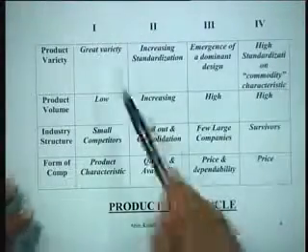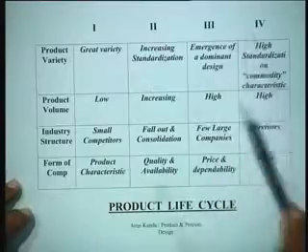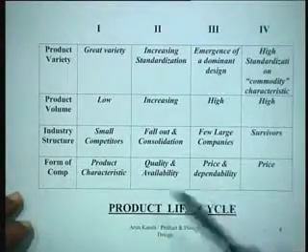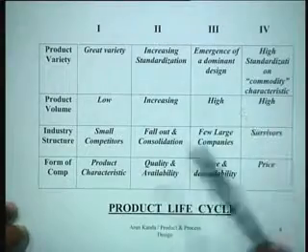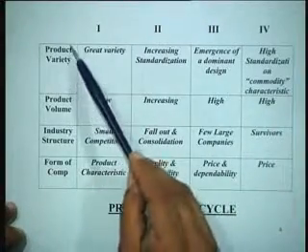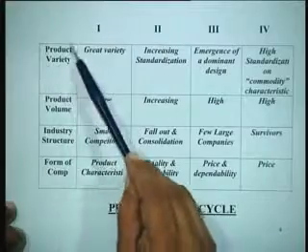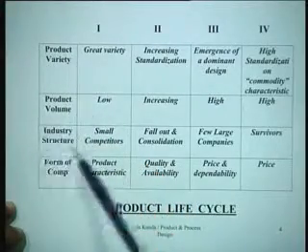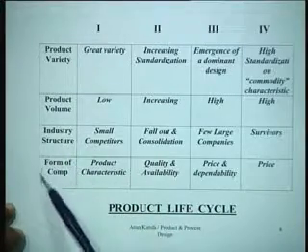Now if we look at these 4 stages in that order, and try to see exactly what happens to the product at different stages, we will study, for instance, the behavior of a typical product with regard to product variety, product volume, industry structure, and the form of competition.